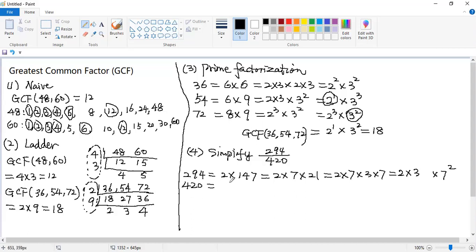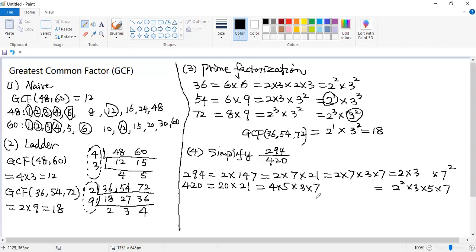For 420, we find two close numbers whose product equals 420. So 20 times 21, and 20 equals 4 times 5, 21 equals 3 times 7. So we get 2 squared times 3 times 5 times 7.